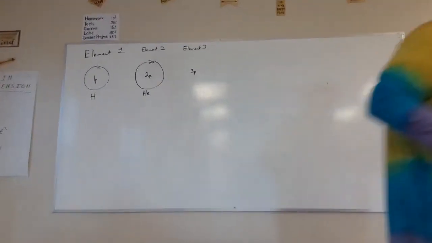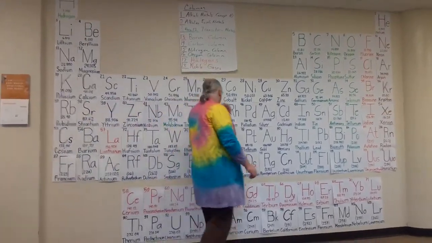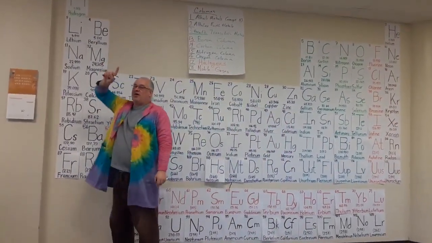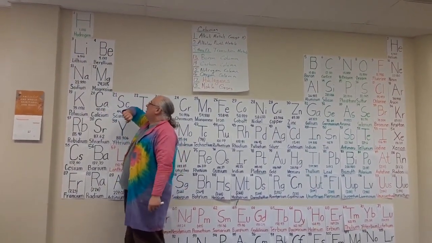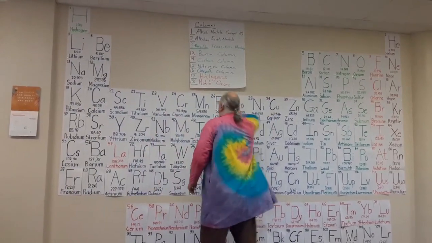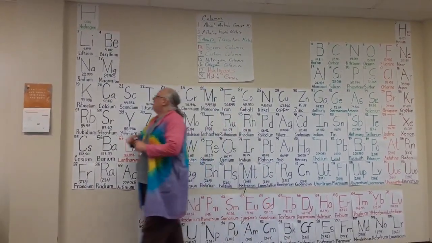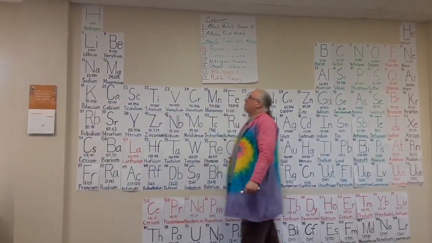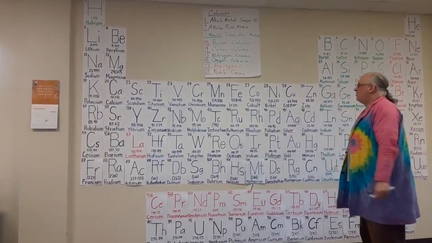You may have noticed that hydrogen is element one and it has one proton. Helium is element two and it has two protons. Lithium is element three and it has three protons. So this isn't actually supposed to be hard. The table was made to make things easier.